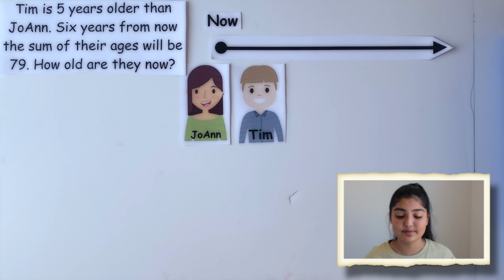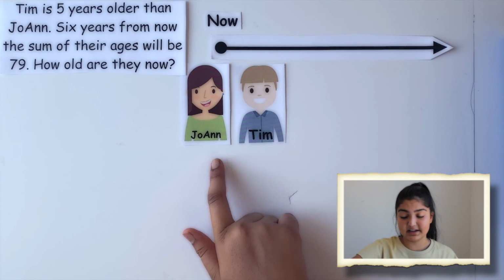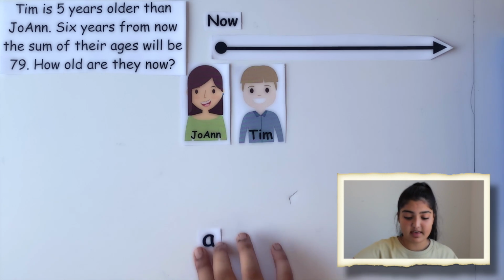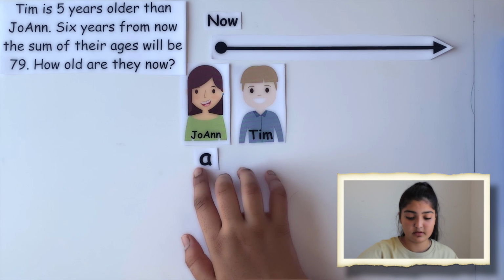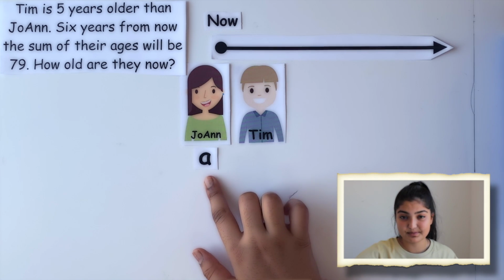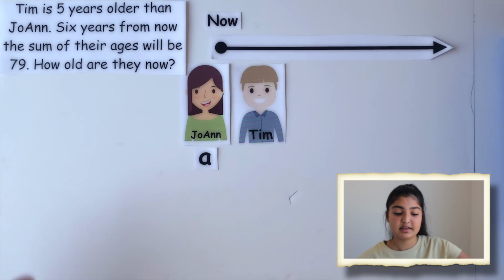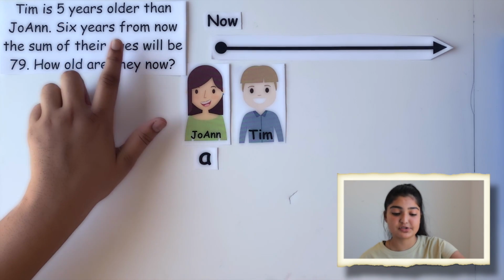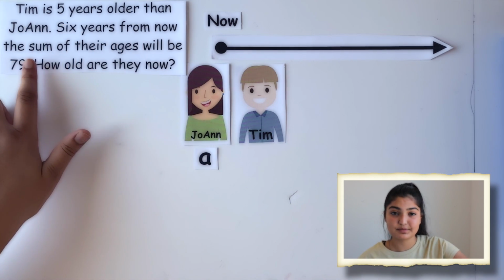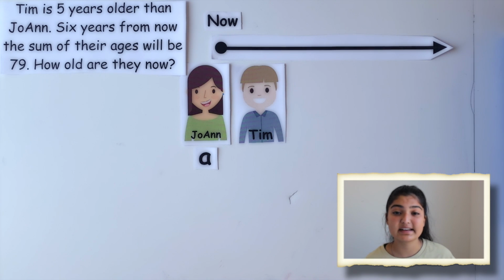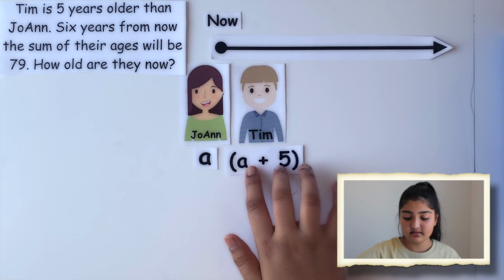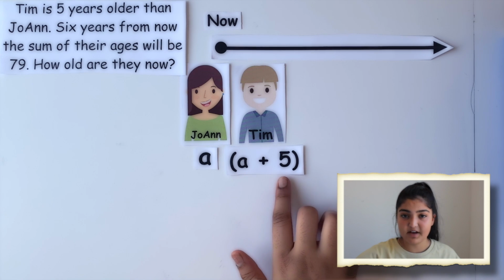We can assume JoAnn's age by the variable A. And since Tim is 5 years older than JoAnn, we can assume Tim's age to be A plus 5.